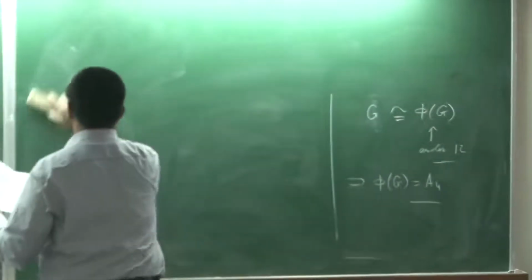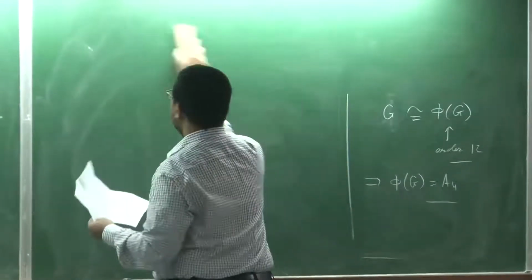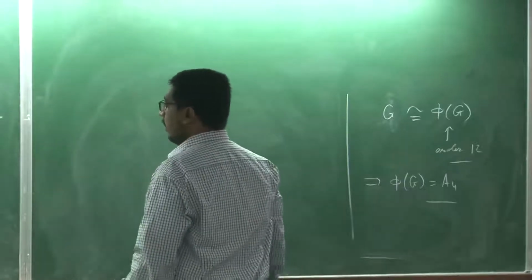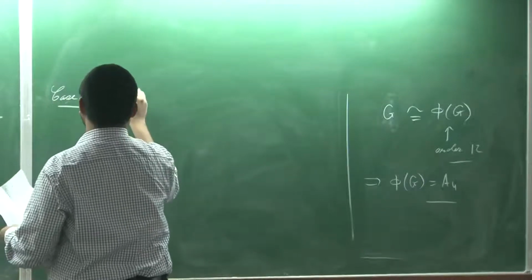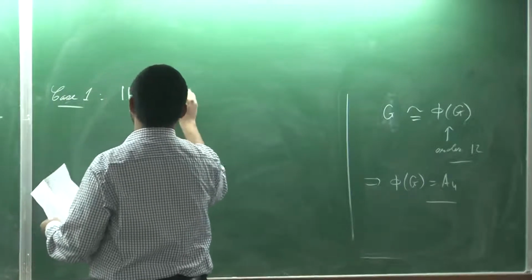We will deal with them one by one. Case 1: H is 20 or 30.